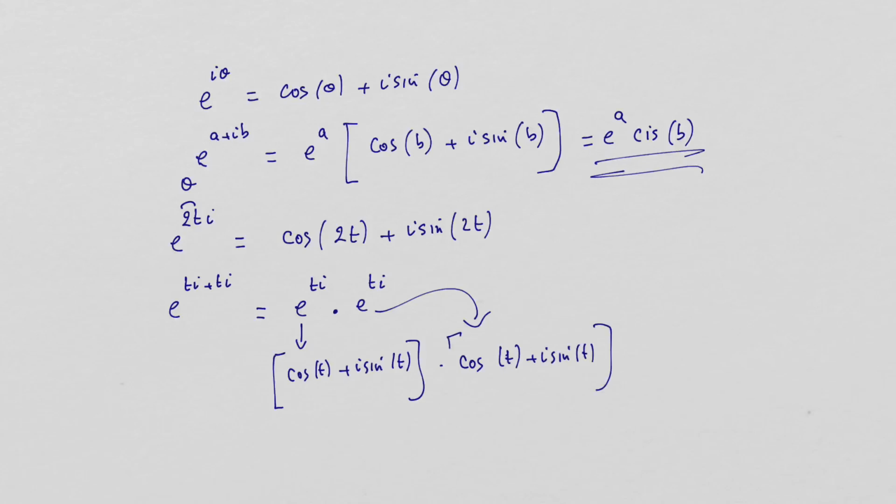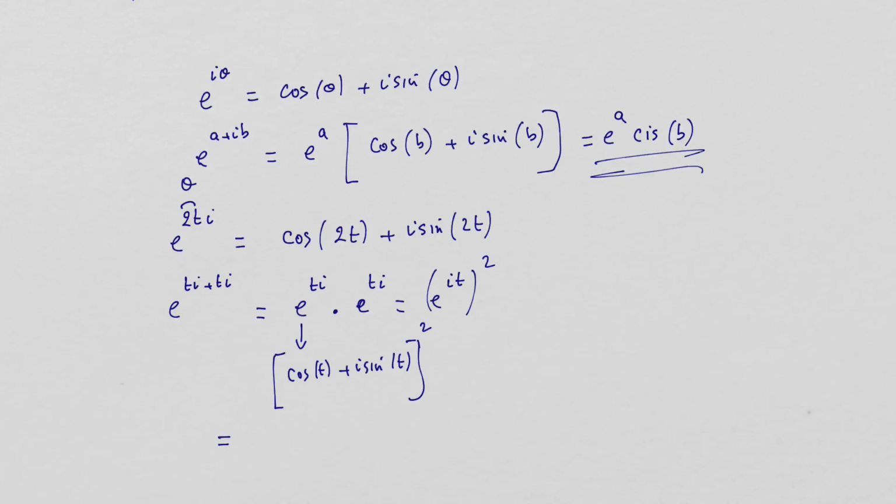I could have just squared it, okay? So if we square that, what do we get? Actually, it's much better just to square it. It's a little cleaner. So basically, this is e to the it squared, right?